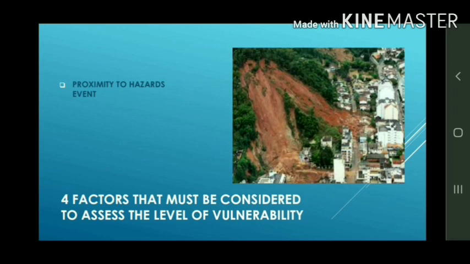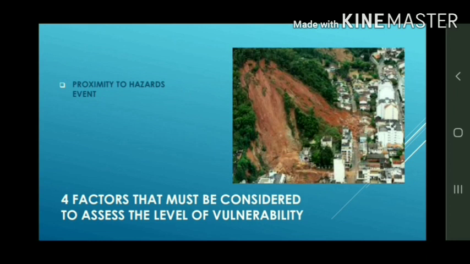At kapag nagkaroon ng malakihang deforestation, wala nang mag-hold sa soil natin or sa mga lupa dyan sa bundok na yun. So magkakaroon ng pagguho o landslide na tinatawag. So obviously, yung mga malalapit na gusali, infrastructures, mga houses, they are near from risk or vulnerable.